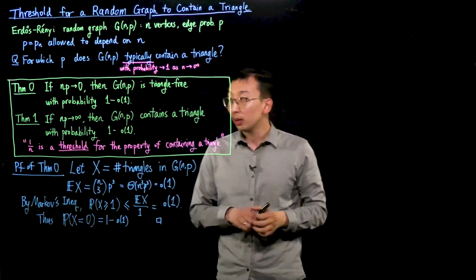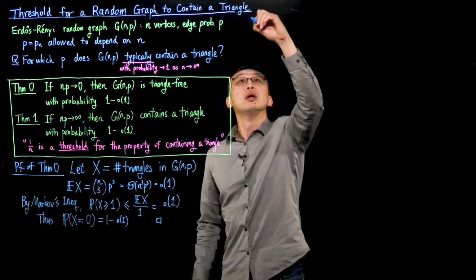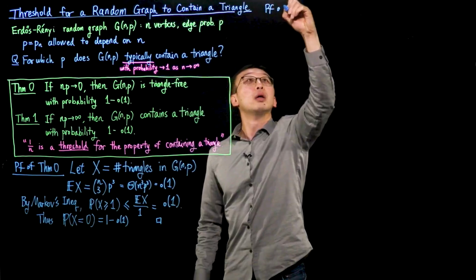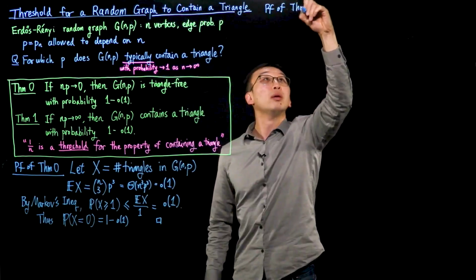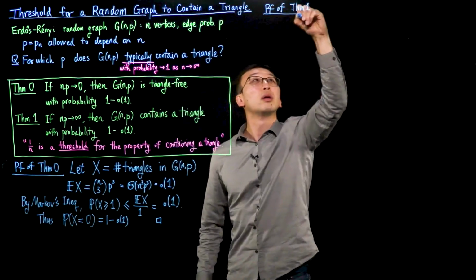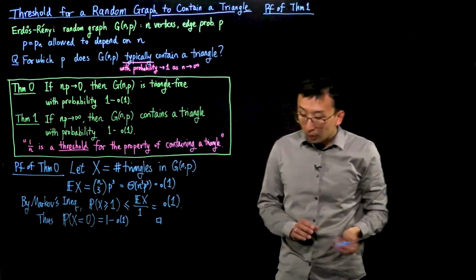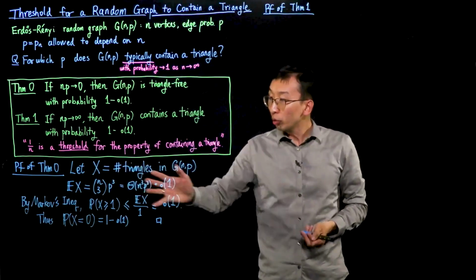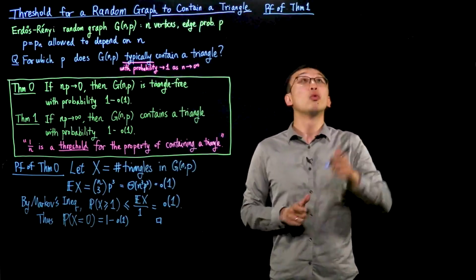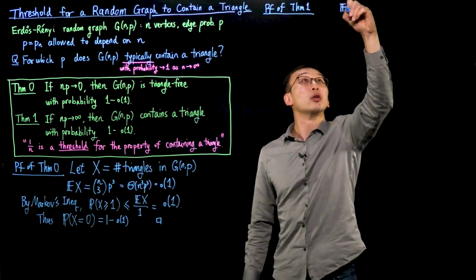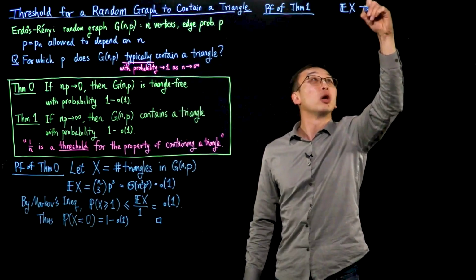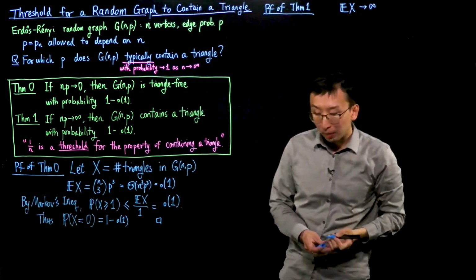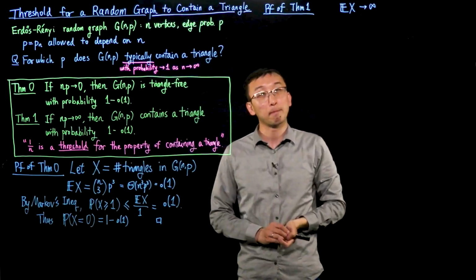In the second part, namely Theorem 1, if we use the setup that we had earlier, we see that the number of triangles in expectation goes to infinity as n goes to infinity.